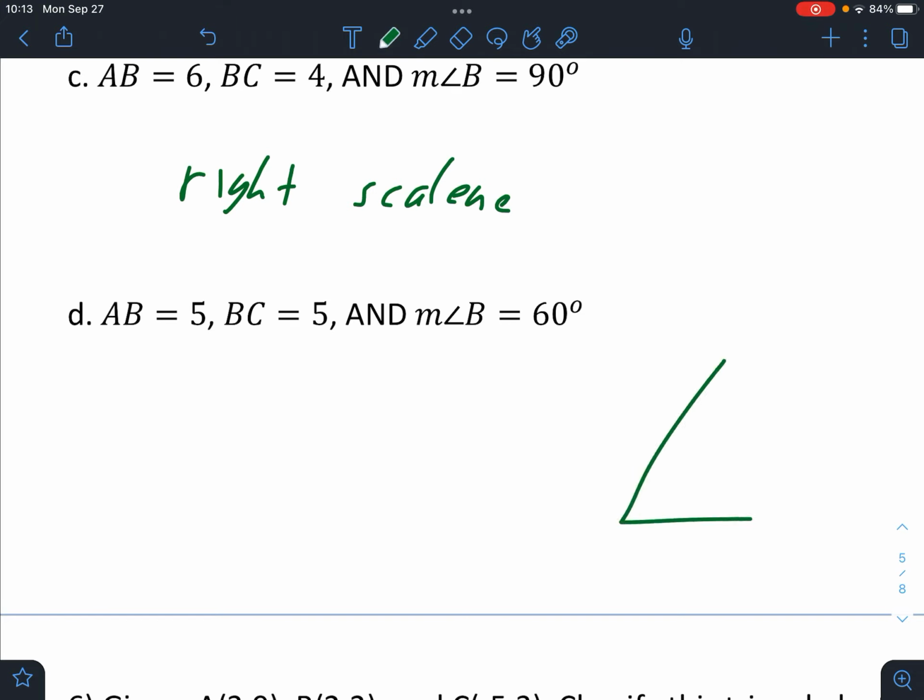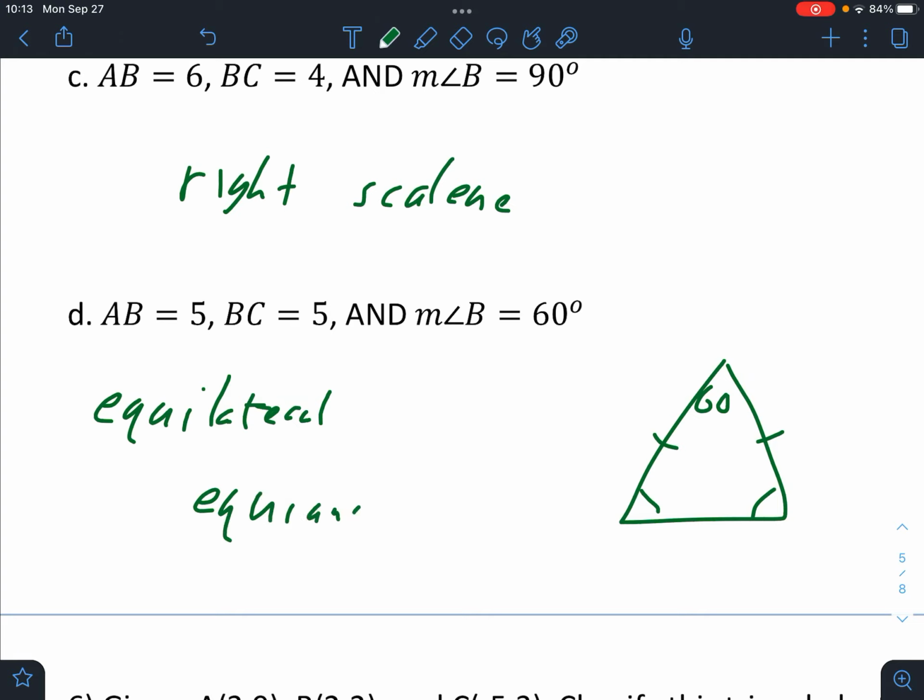So if we were to draw this out, these two, since they're congruent, would also be 60. So this one is called equilateral and equiangular. And like we talked about before, if it's one, it has to be the other.